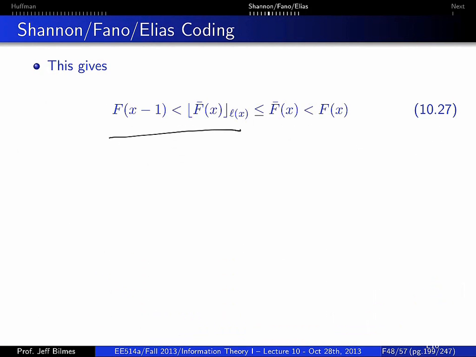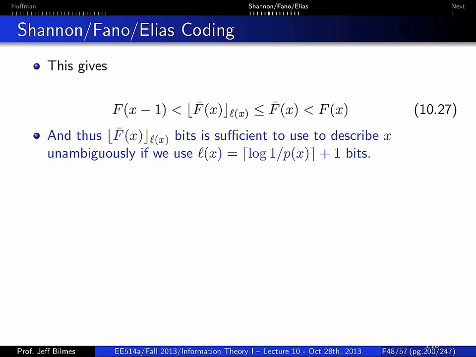And then since it's a truncated f bar, we have this, and by the definition of f bar, it's strictly less than this. So we have one less than or equal to, and the rest of these are strict. Okay, so basically that in some sense sandwiches the truncated f bar strictly between f of x minus 1 and f of x, and it also puts it, of course, lower than f bar.